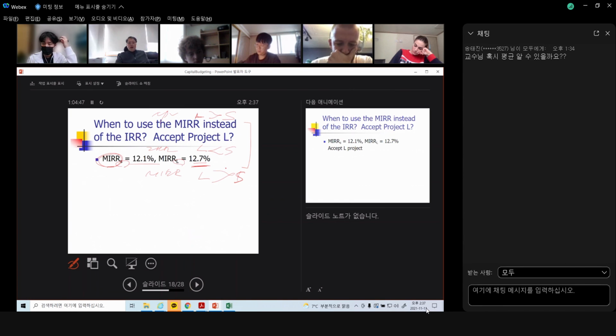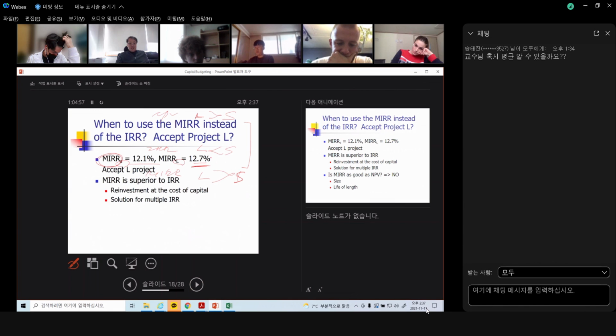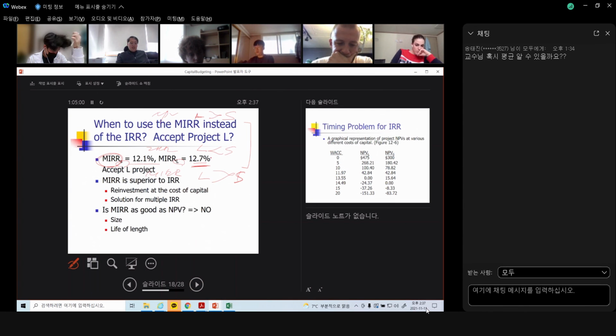So instead of IRR, if there's some problem, the multiple IRR problem, the sign change problem, then we may use the MIRR instead of IRR. Then is MIRR superior to IRR? Yes.